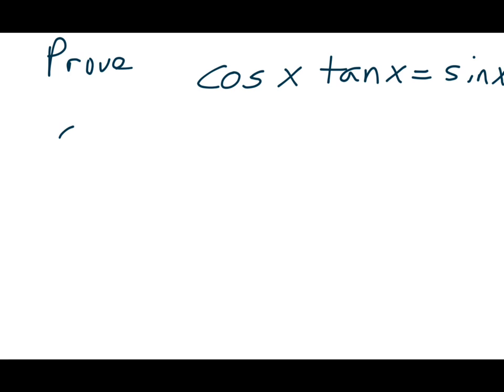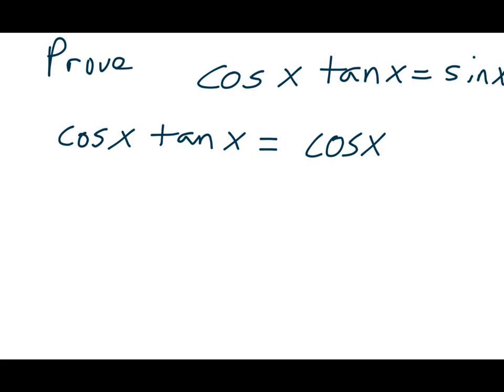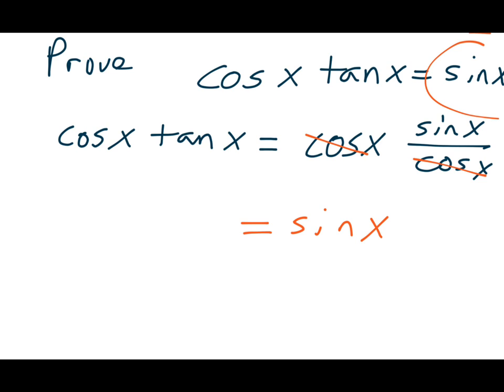Okay, so first off, cosine of x times tan of x, if I take tan and use the quotient identity, it says that tan is sine over cosine. And then you see that here the cosines cancel, and all I'm left with is sine of x, which is what we need it to equal.